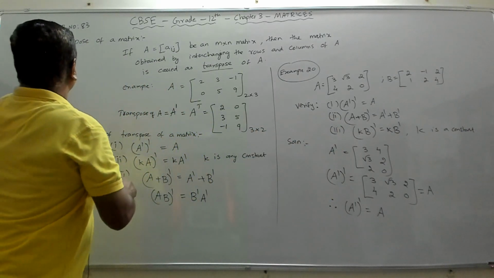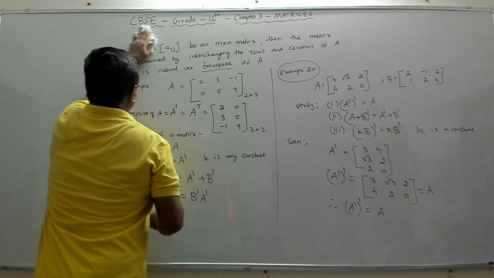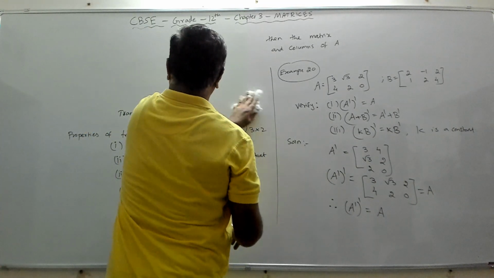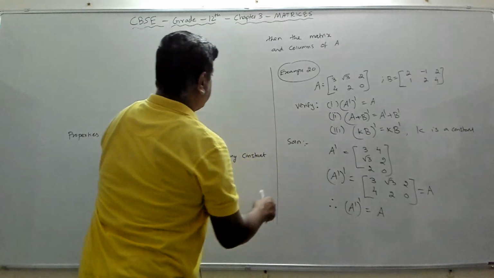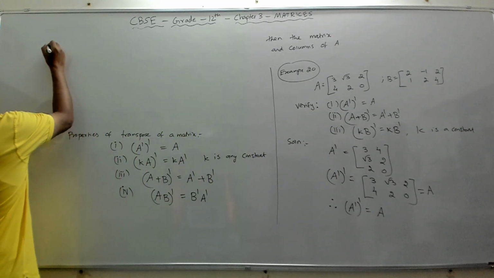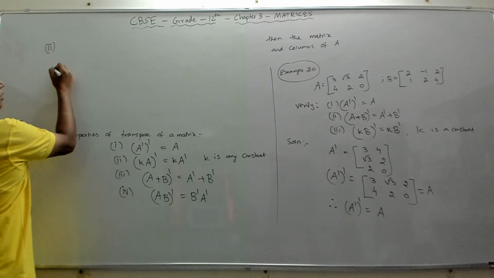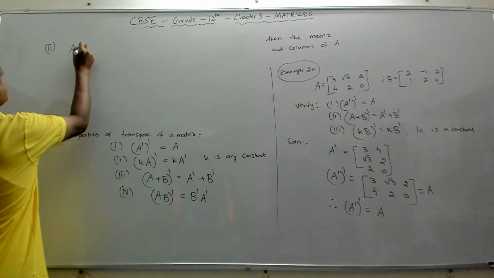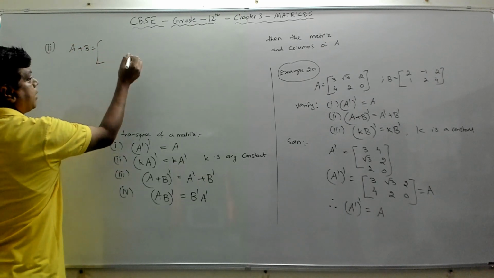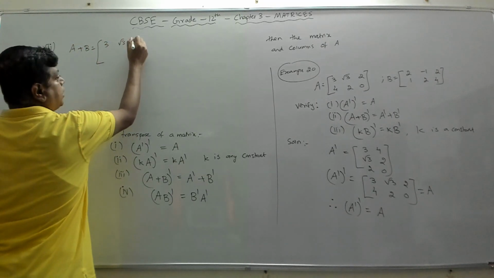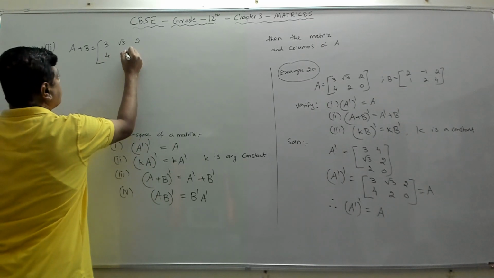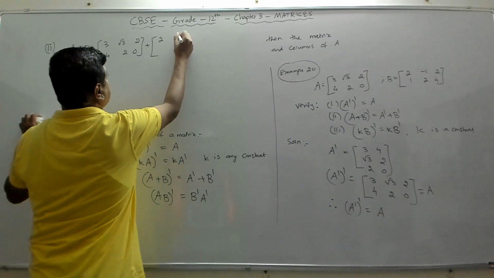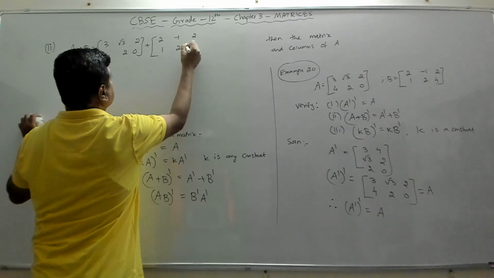Now the second one. The second part of the question is (A plus B) the whole transpose. Let's find what is A plus B. So the A plus B matrix will be the A matrix, which is 3, root 3, 2, 4, 2, 0, plus the B matrix, which is 2, minus 1, 2, 1, 2 and 4.